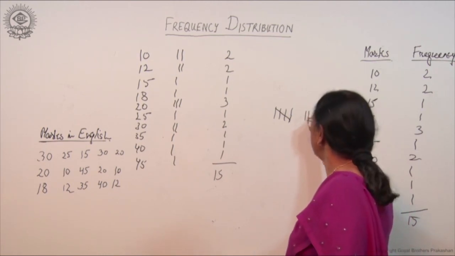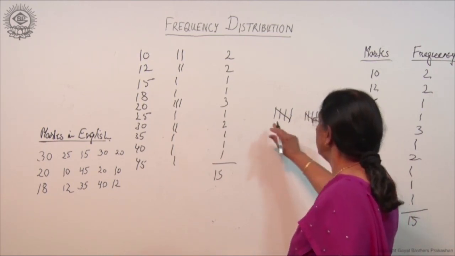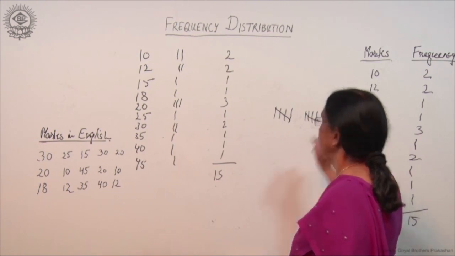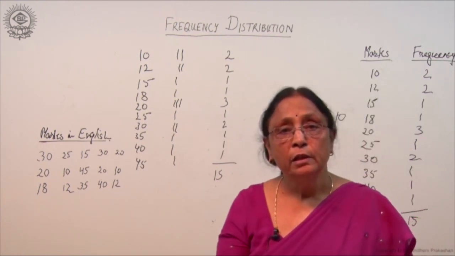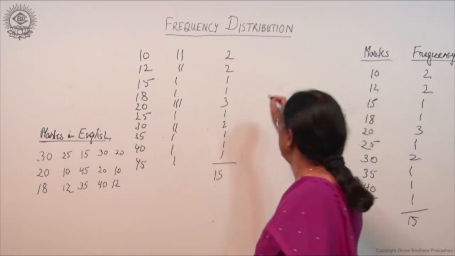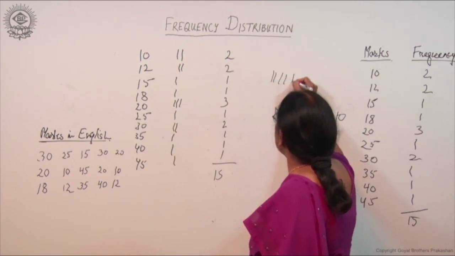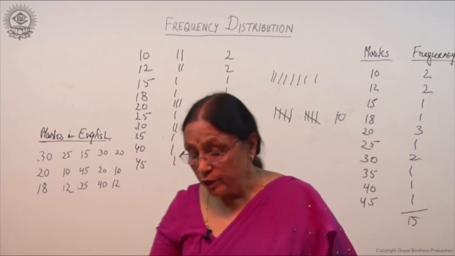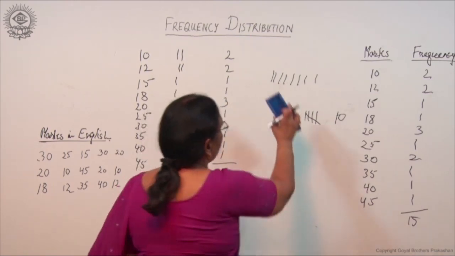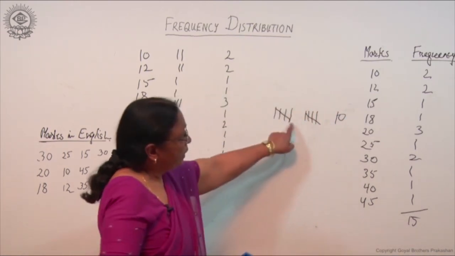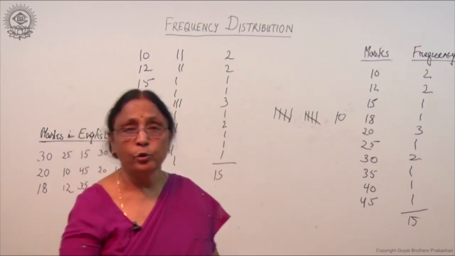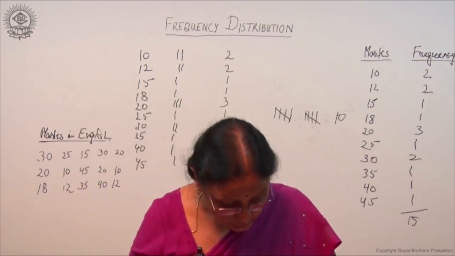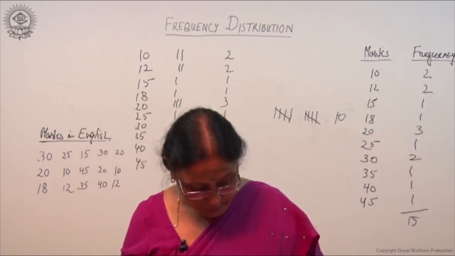In the same way another 5 may be denoted, and this is counted as 10. So it makes counting easier, otherwise you will be making strokes and then counting, which will again be a tedious job. So just to make it easier, we make a group of 5 and then do the total. This is known as tally bars.